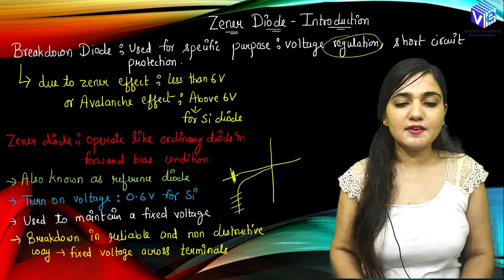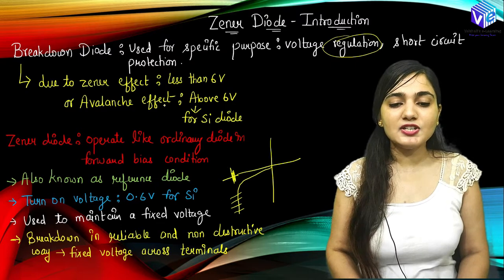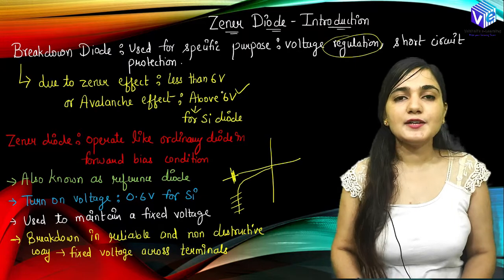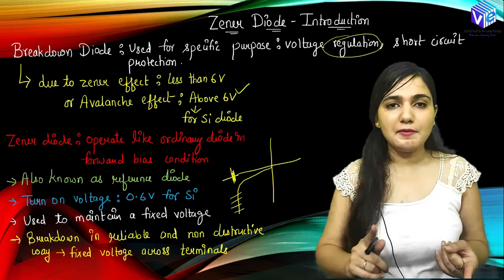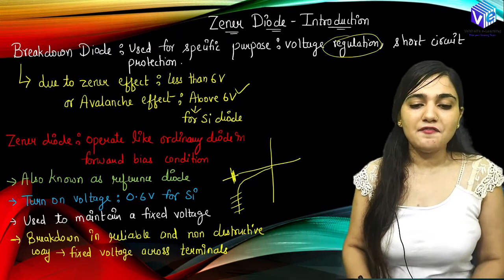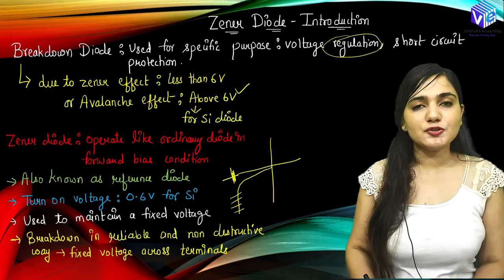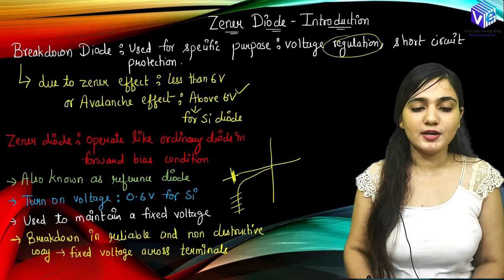The Zener effect occurs below 6 volt, but the avalanche effect is observed above 6 volt. So if the breakdown is below 6 volt, it is Zener breakdown. If the breakdown is above 6 volt, it is avalanche breakdown, right? Avalanche breakdown happens for the silicon diode above 6 volt.